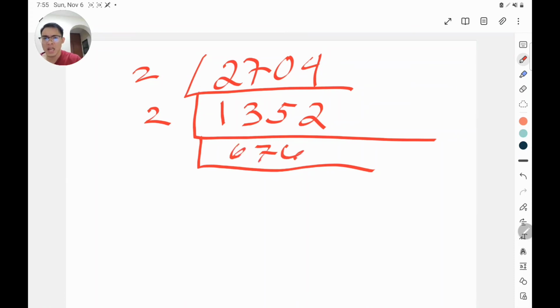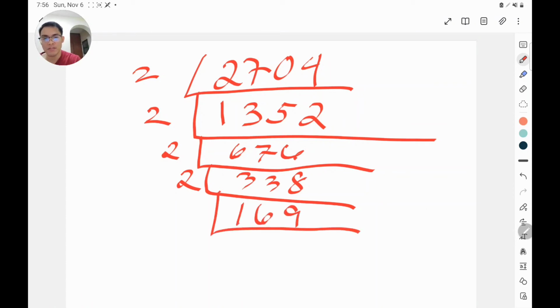And since 676 is an even number, we can divide it by 2 once again, which will give us 338. And since 338 is another even number, we can divide it again by 2, which will give us 169.